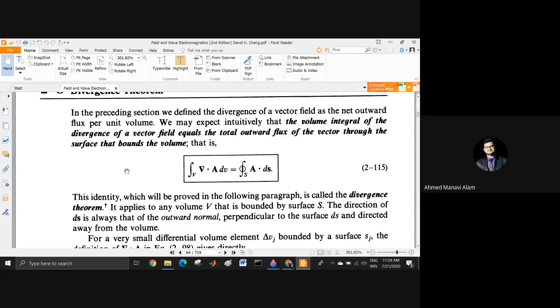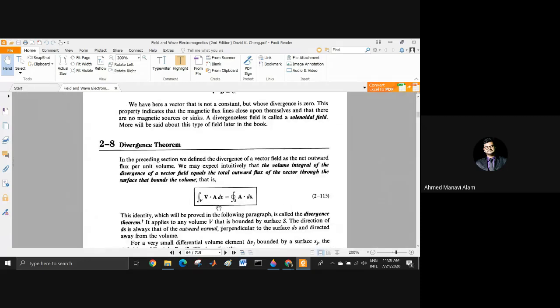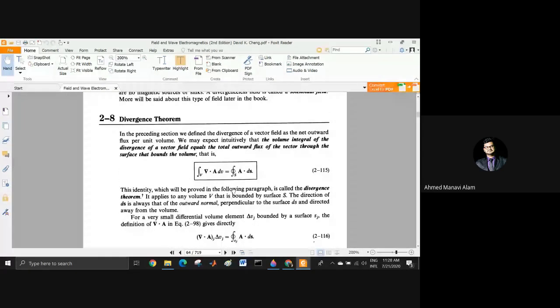That net outward flux is the volume's. So this one is my divergence theorem. We will use it in some of the postulates that will come in front of us shortly.